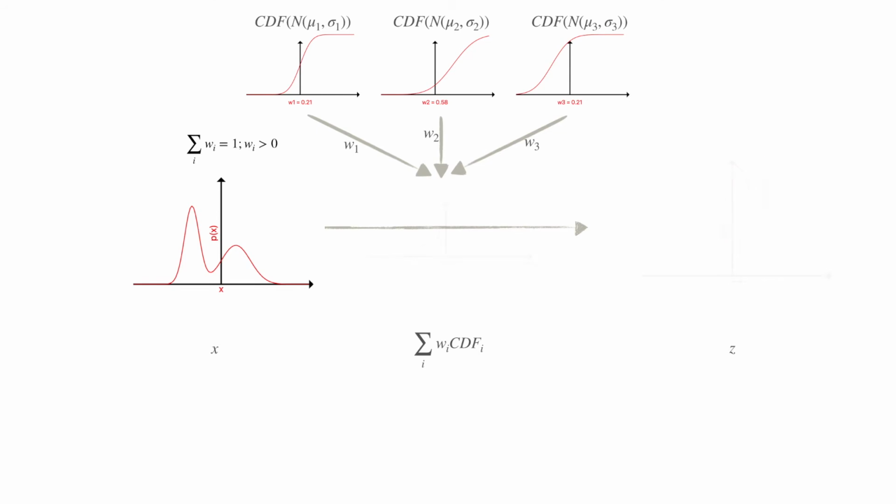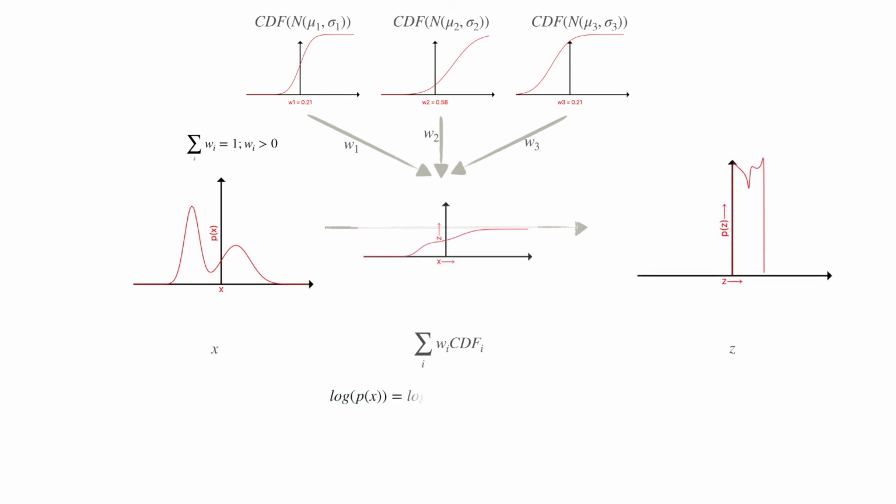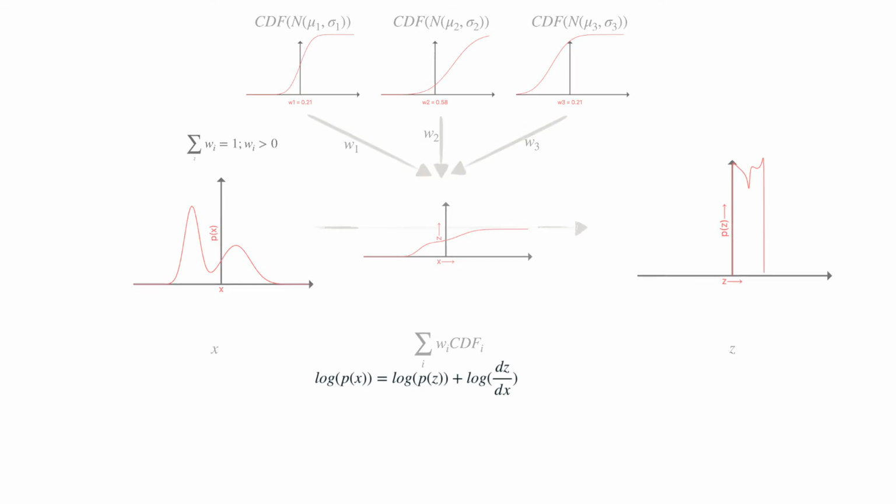Now, we fix the PDF of z to be uniform and maximize the sum of log pz and log dz by dx. This gives us a function f which maximizes px while also making pz as close to uniform as possible. Let's break down this expression dz by dx into smaller components.